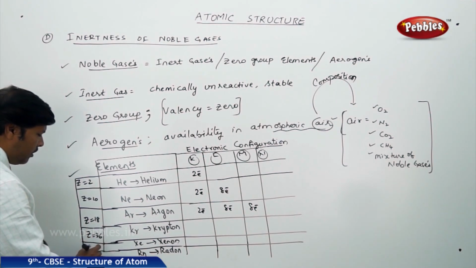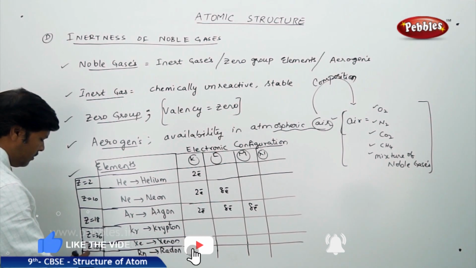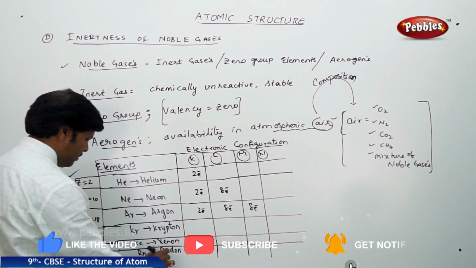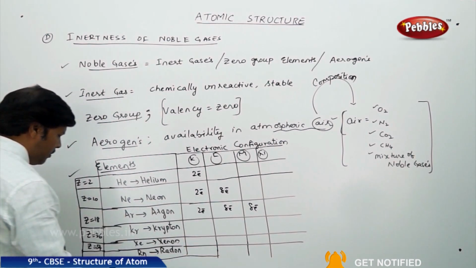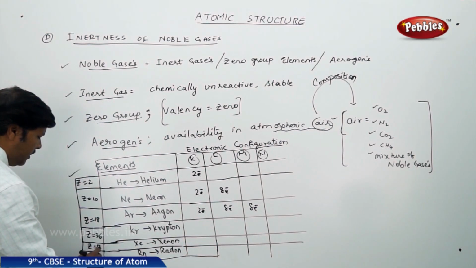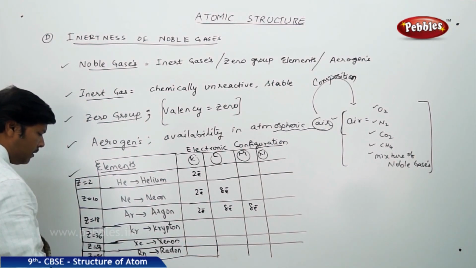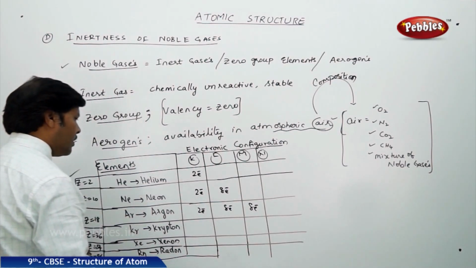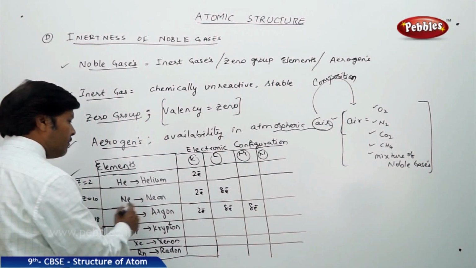Atomic number of xenon is 54, and the atomic number of radon is 86.